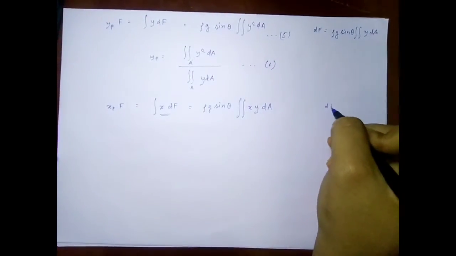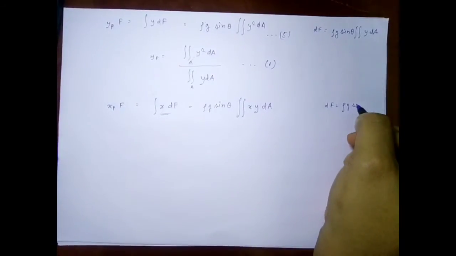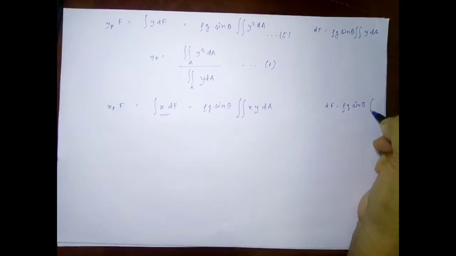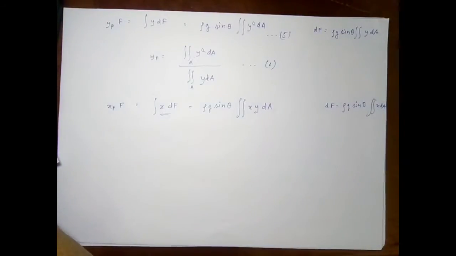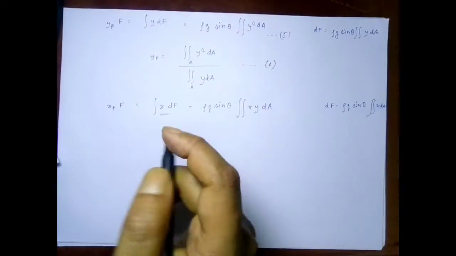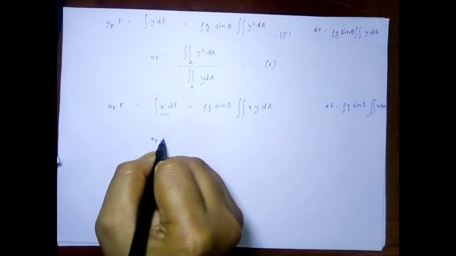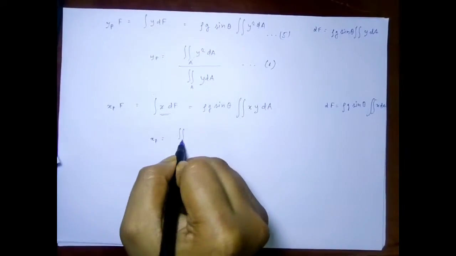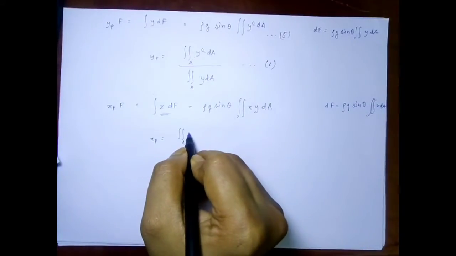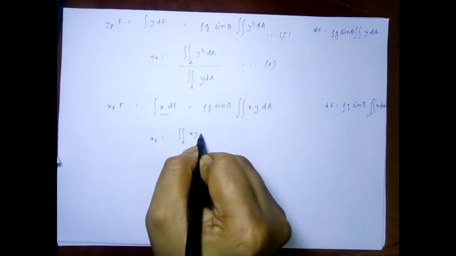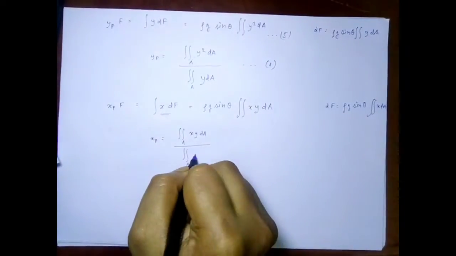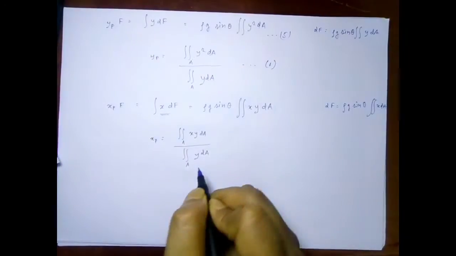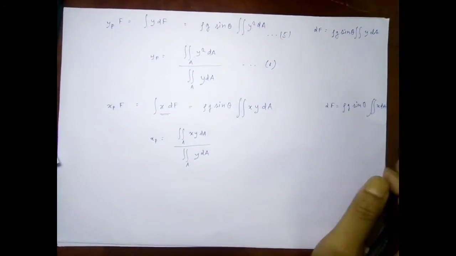Why? Because now dF will be taken as rho g sin theta times x dA. So therefore we will get xp equal to double integral of xy dA upon double integral of y dA.